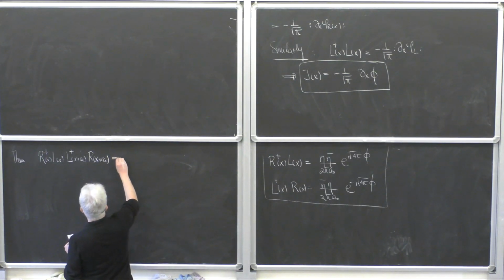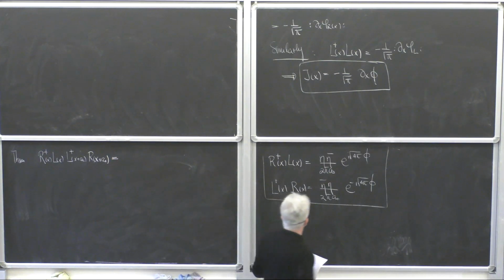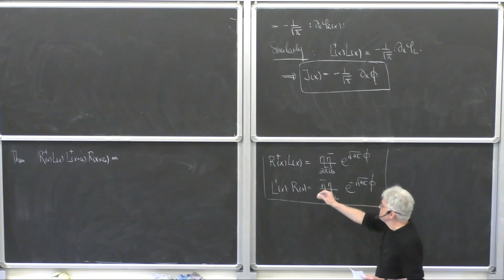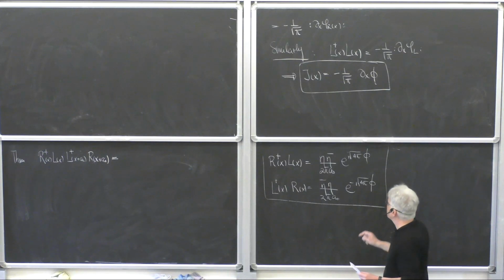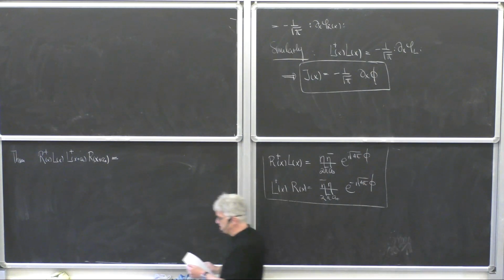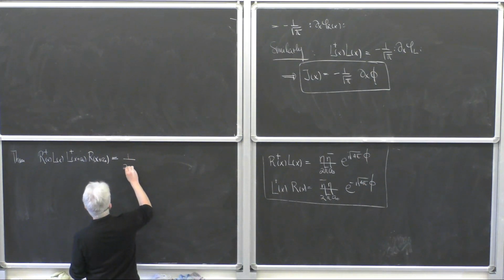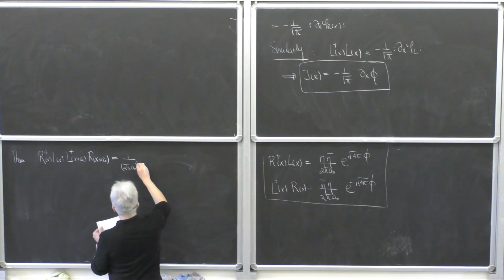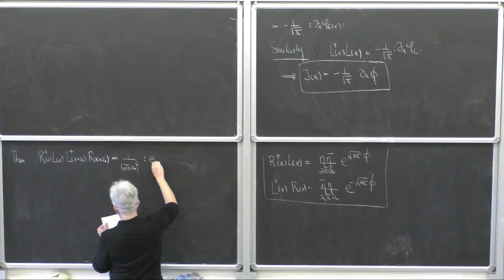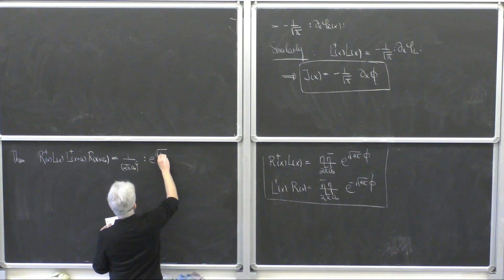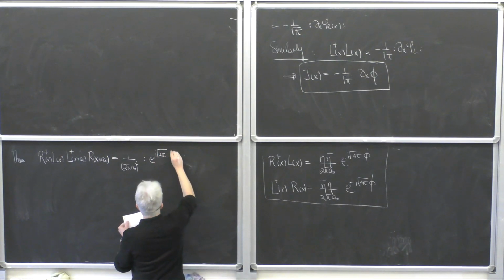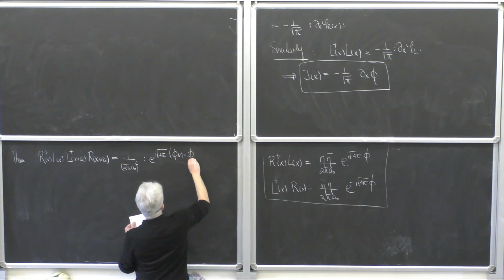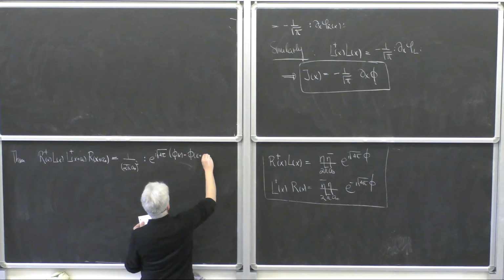Okay, and now I can just use these formulas and multiply them. Yeah, and then you see what you get is this becomes 1 over 2 pi a naught squared. And here I get something like e to the i square root of 4 pi (phi of x minus phi of x plus a naught).